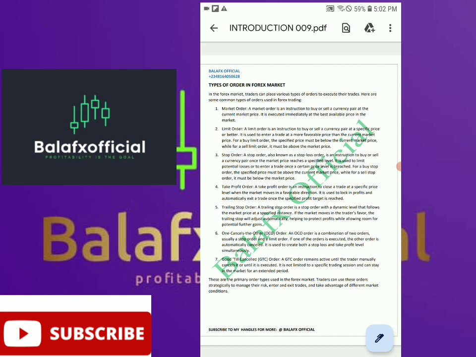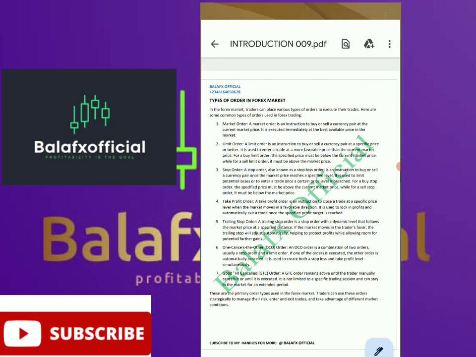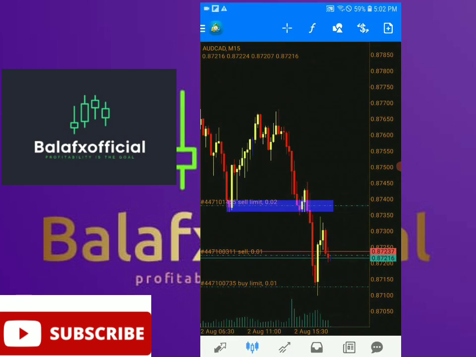So how to set a stop loss order or stop order is like this. Since I put this market as sell limit, I don't want to lose more than $5, so I'll put my stop order in this place.